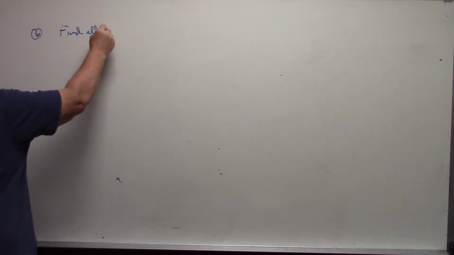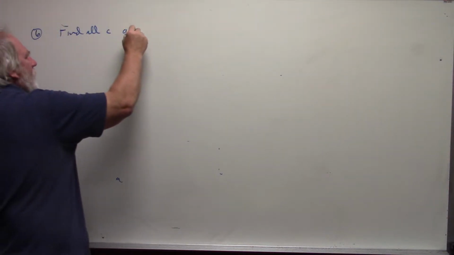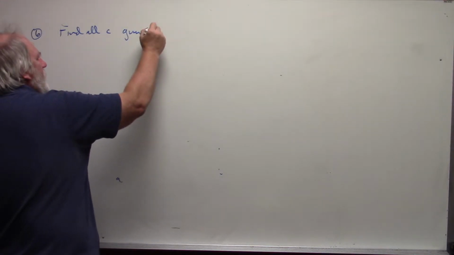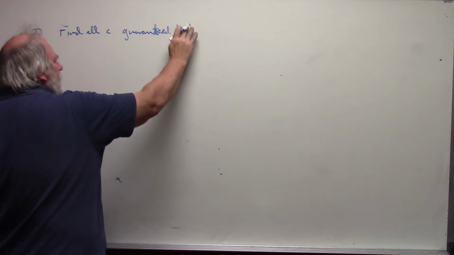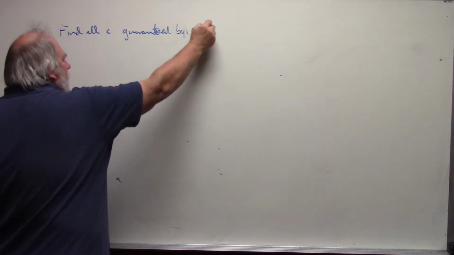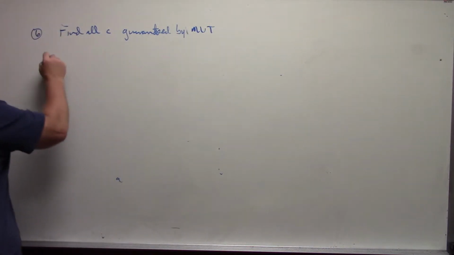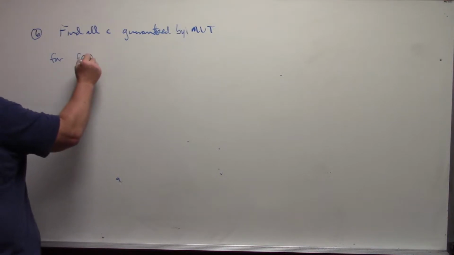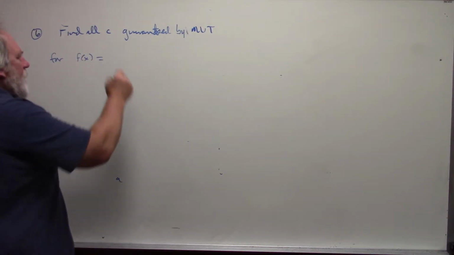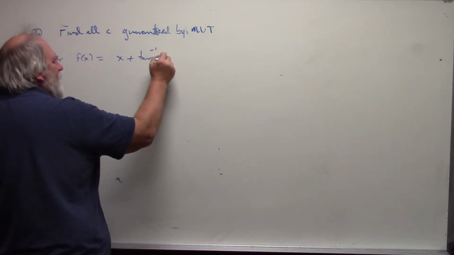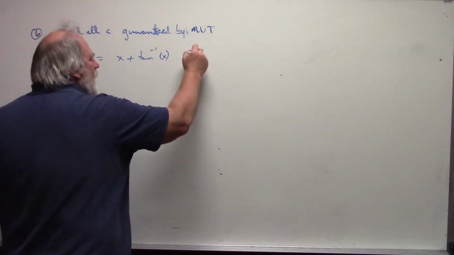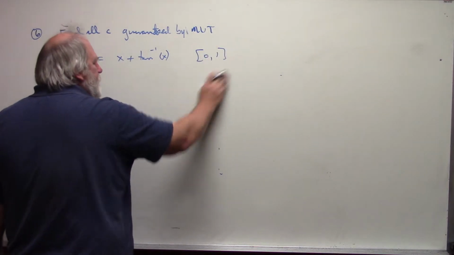Find all c guaranteed by the mean value theorem for f of x equals x plus arctan of x on the interval from 0 to 1.